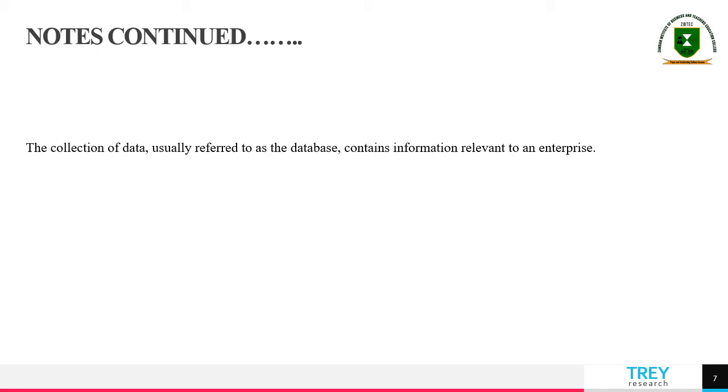The collection of data, usually referred to as the database, contains information relevant to an enterprise. Which brings us to the question, what is a management system? What you've looked at is basically just for database.